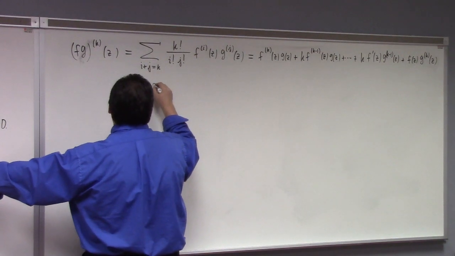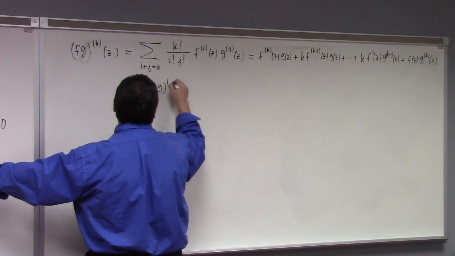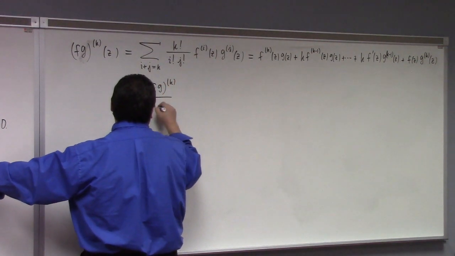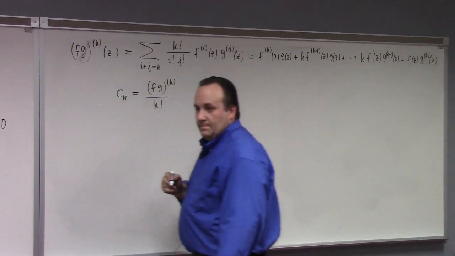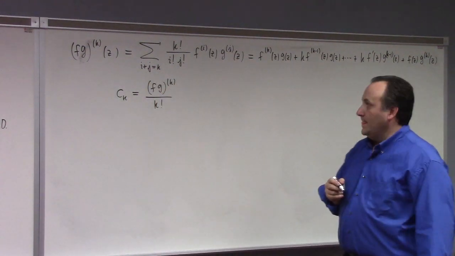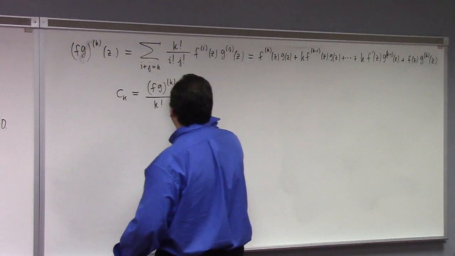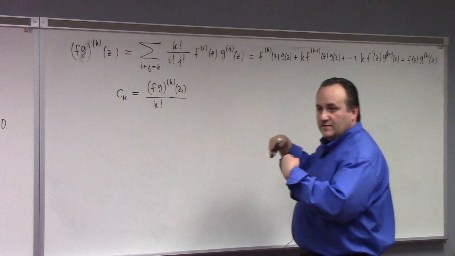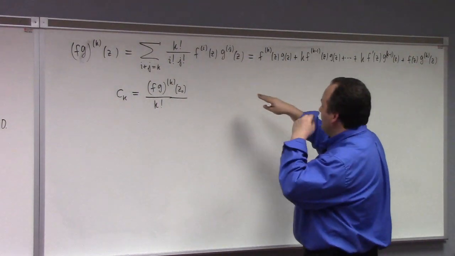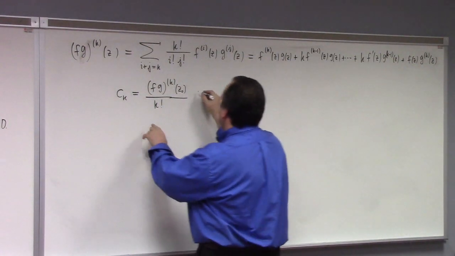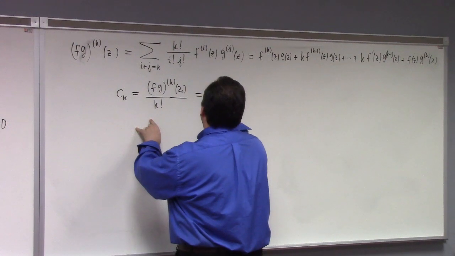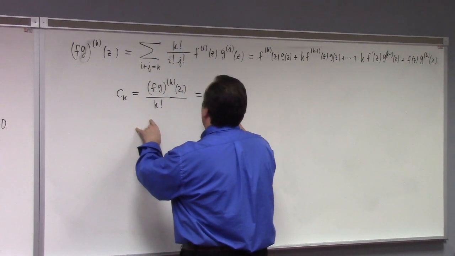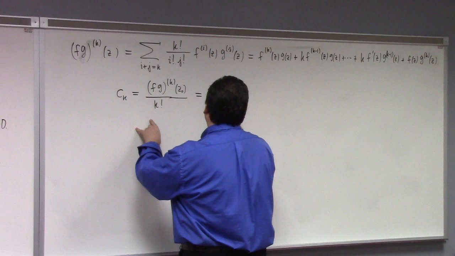It's the kth derivative of fg, right? Divided by k factorial. Right? But I'm supposed to evaluate this where? At z naught. So what happens is that this becomes the sum i plus j equals k.